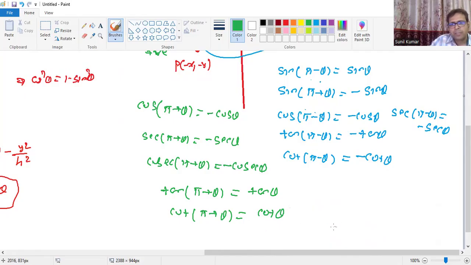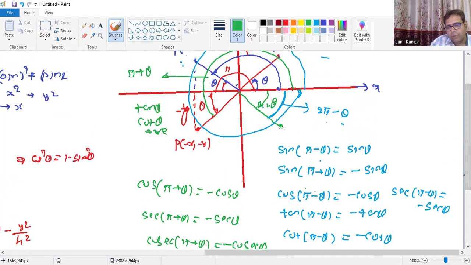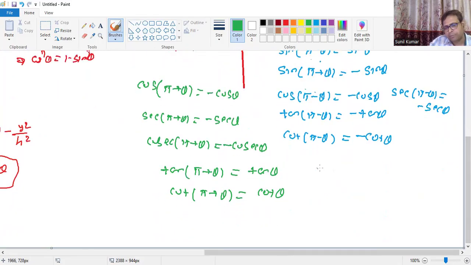Okay. Similarly, if we go to the fourth quadrant, we can say that this angle is equal to either minus theta or 2 pi minus theta. Based on this concept we can say that sin(2 pi minus theta) equals minus sin theta. Why?